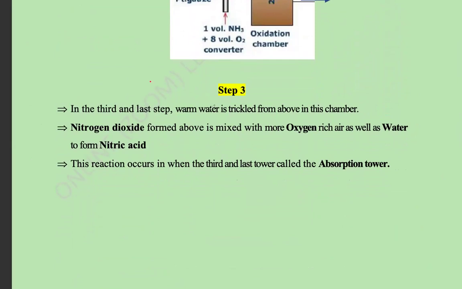Warm water is trickled from the top of this chamber. This is the water that actually reacts with nitrogen dioxide. But air is still present, a little bit of water and a little bit of air. And at the end of the day, that is how the nitric acid is forming.